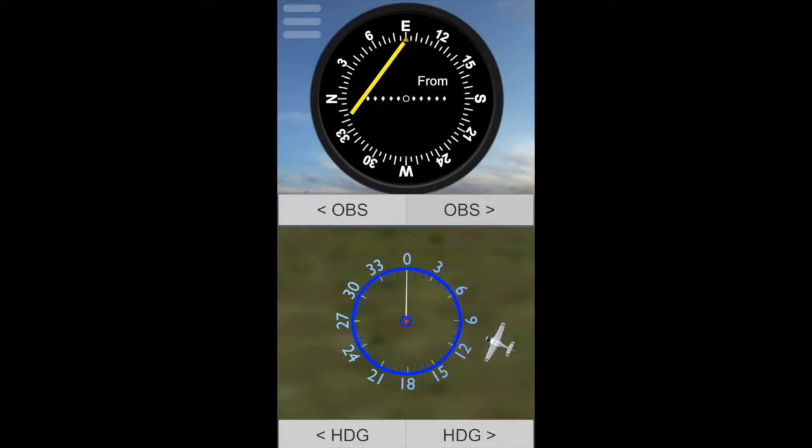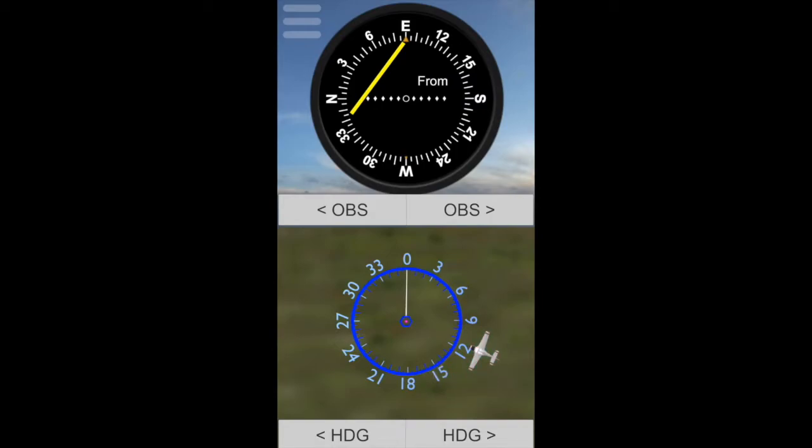If I go the opposite side, between 180 and 360, I'd get a TO indication, right? Aircraft anywhere here, you're still FROM. Jump to the other side, it's a TO. Anywhere here, it's a TO. Come back here, it's a FROM indication.